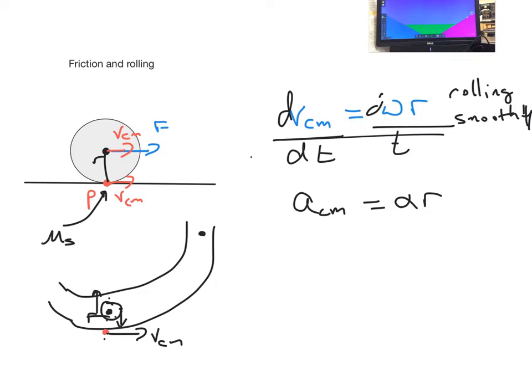It wouldn't rotate, because there would be nothing to create a torque. The friction is necessary to create the torque to cause the acceleration in the angular direction. If there was no friction, it would just do this. So there has to be friction in order for there to be an acceleration.